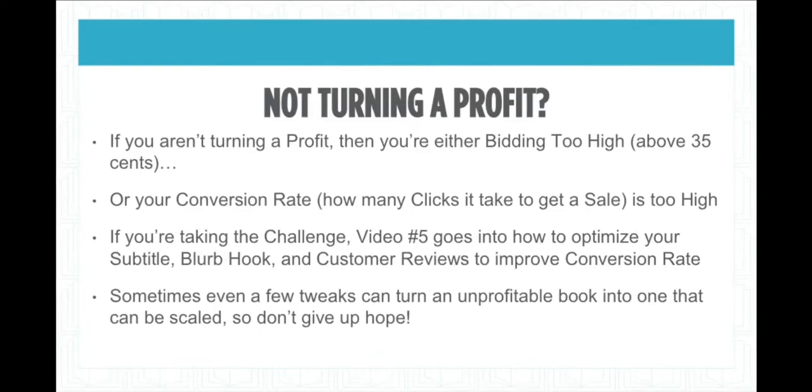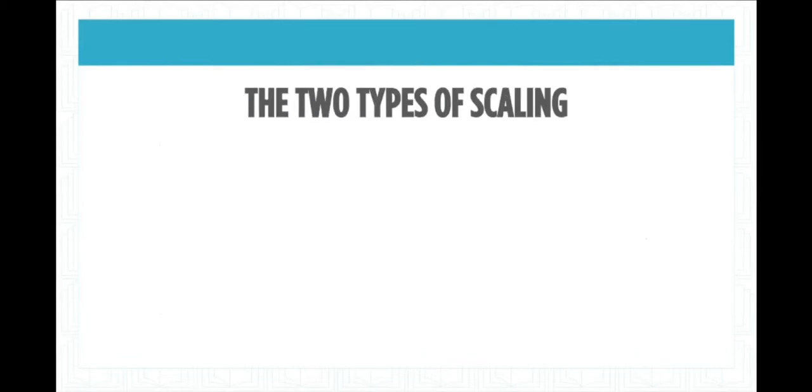I bring that up because sometimes even just a few little tweaks can turn an unprofitable book into one that can actually be scaled up. If you're not earning a profit right now, you're not really in a good position to scale up your books because you'll just scale up losing money. But if you do make a few tweaks, sometimes the unprofitable can become profitable.